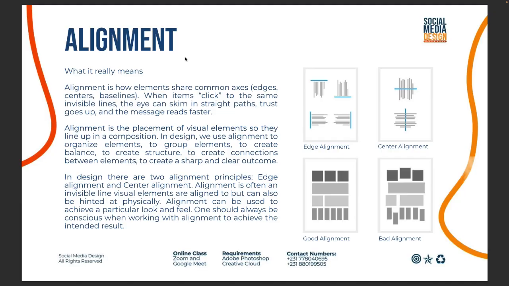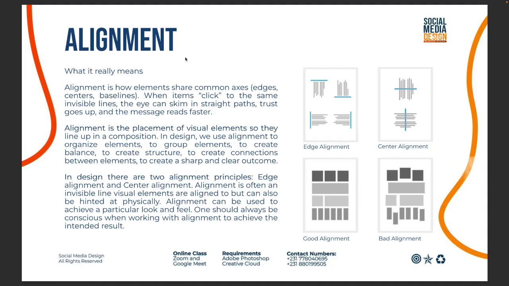Alignment is the placement of visual elements so that they line up in a composition. In design, we use alignment to organize elements, to group elements, to create balance, to create structure, to create connection between elements, to create a sharp and clear outcome. In design, there are two alignment principles, the edge alignment and the center alignment.